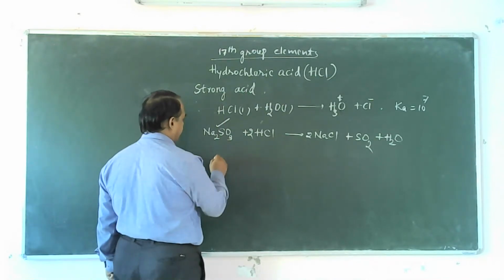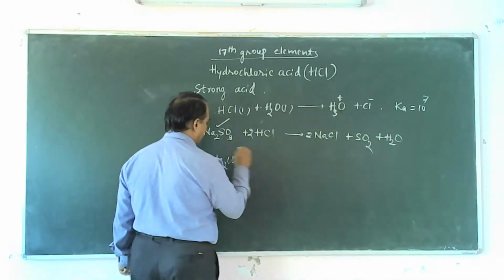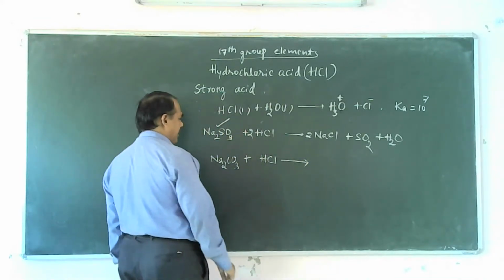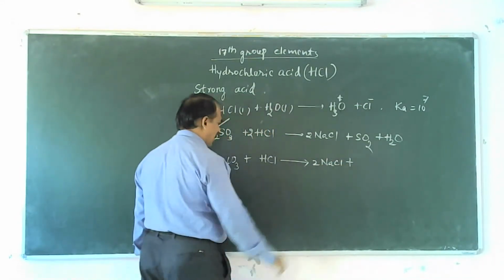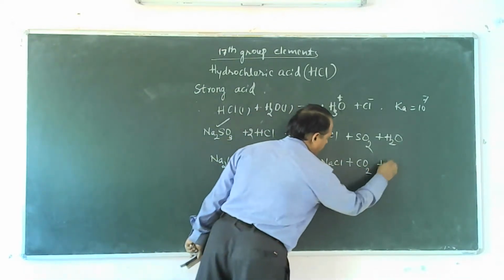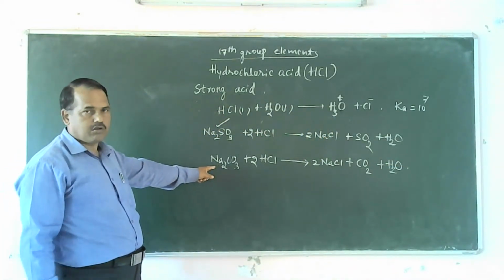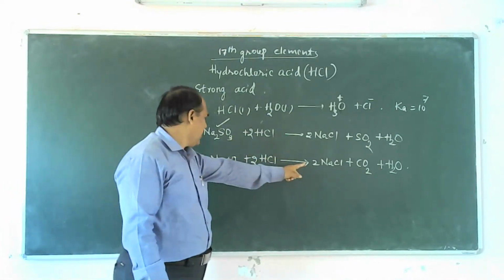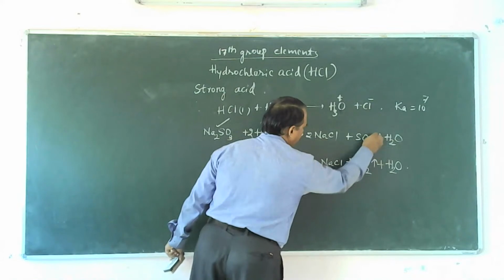And next, when sodium carbonate Na2CO3, which is a salt of a weak acid, reacts in the presence of HCl, we will get 2NaCl, carbon dioxide gas, and H2O. Very simple equation.